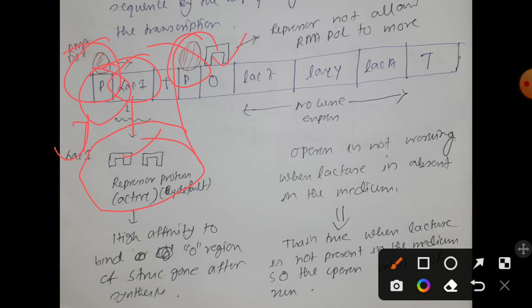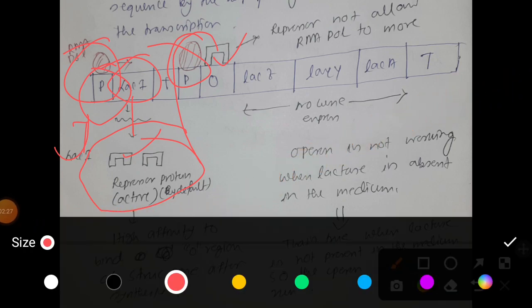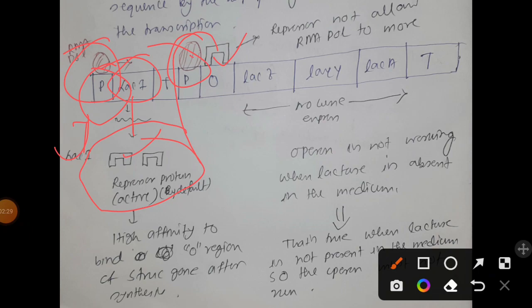Once they are synthesized, they will directly go to the operator of the structural part to bind. As a result, the RNA polymerase that is attached to the promoter of the structural part does not start transcription, because there is an operator as an obstacle in its way. Okay, so that is how the repression is going on.